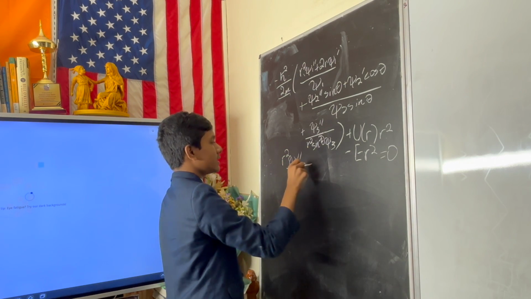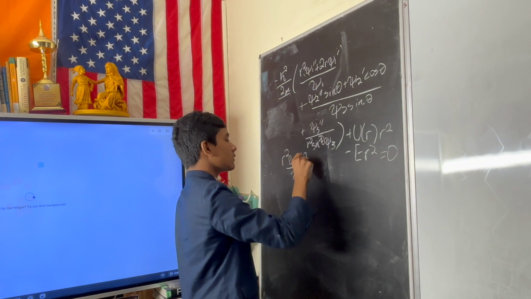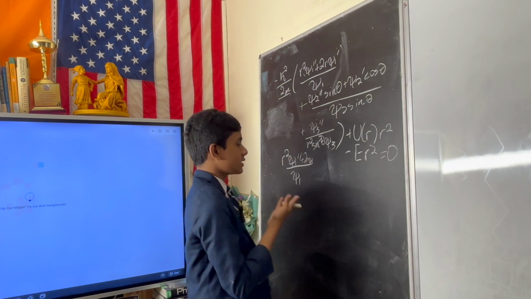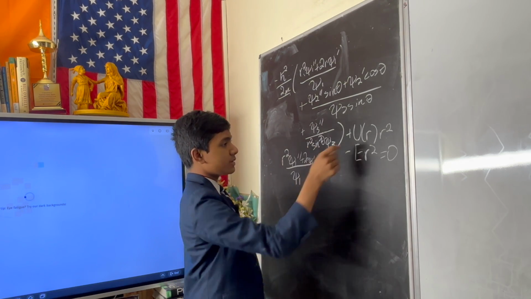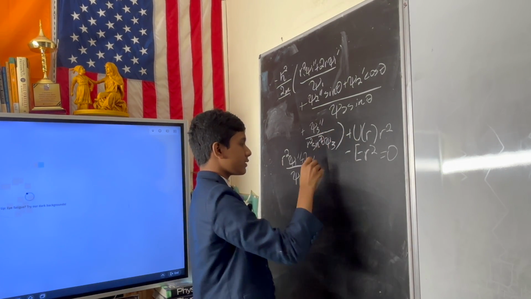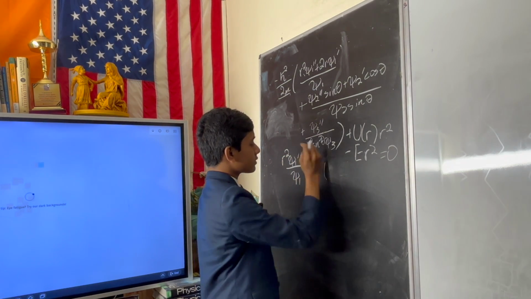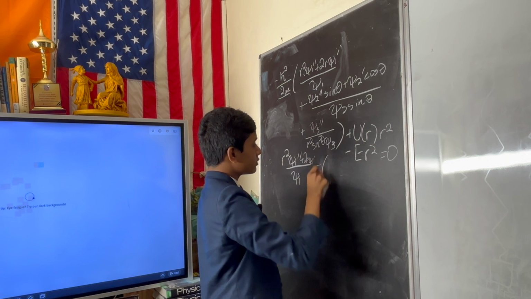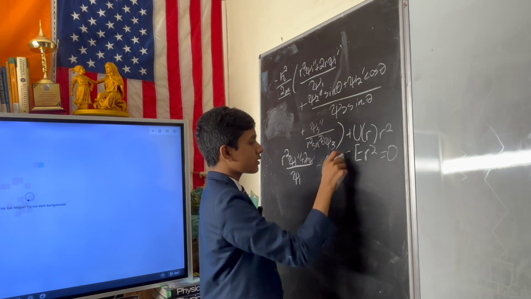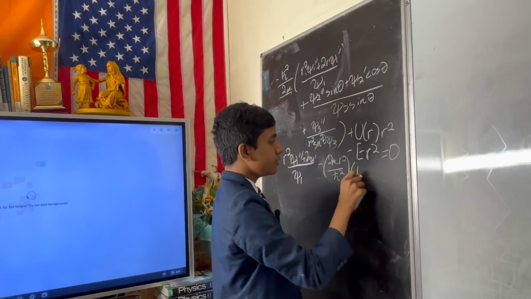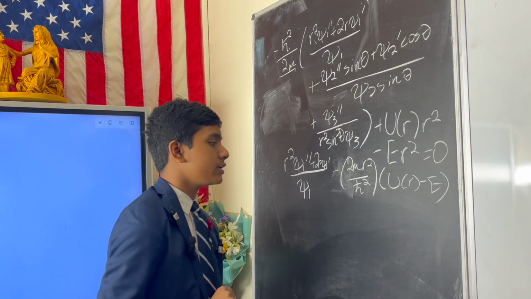Then we're going to isolate everything that's just a function of r on this side. Sorry, this would be single prime. And that is going to be multiplied by this right here. Plus, or rather minus, 2m r squared over h bar squared, U of r minus E. And E is a scalar, so no need to worry.